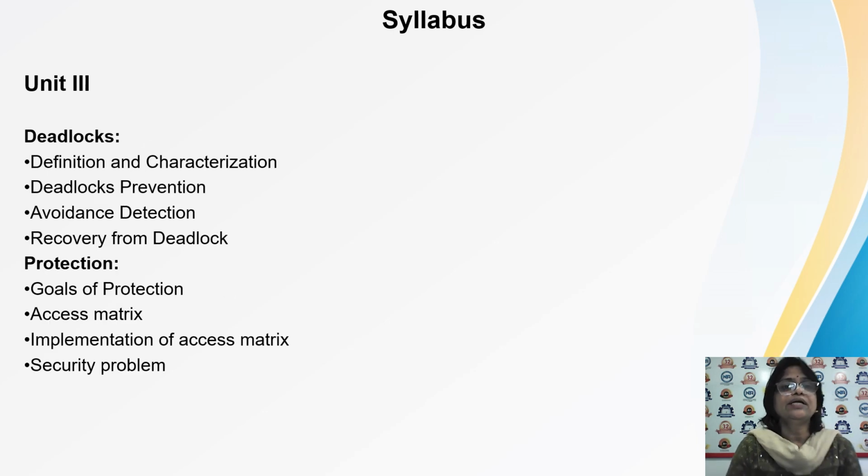Then the third unit deals with deadlocks and protection. Deadlock occurs when several programs are sharing some resources. One process is holding some resource, another process is holding another resource, and each needs the resource held by the other.